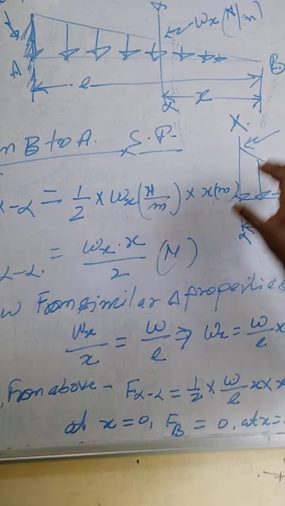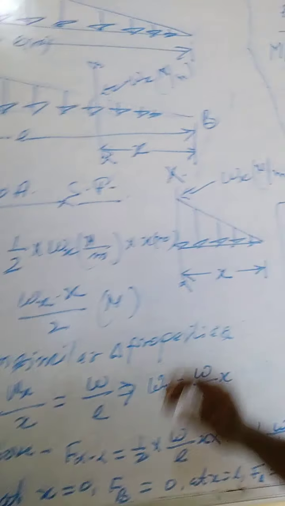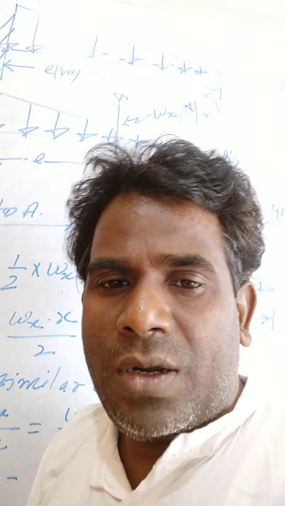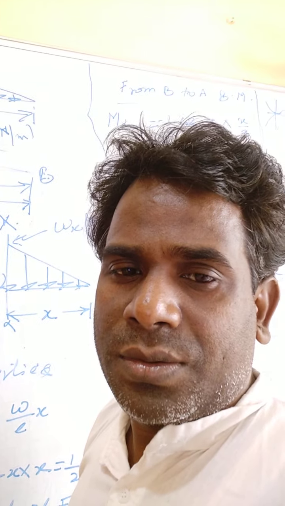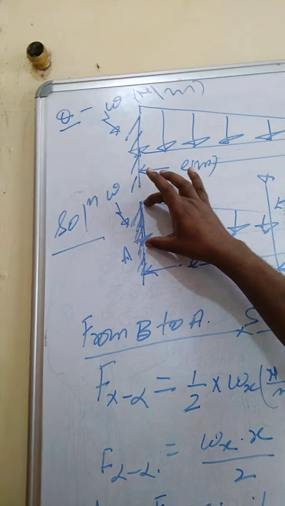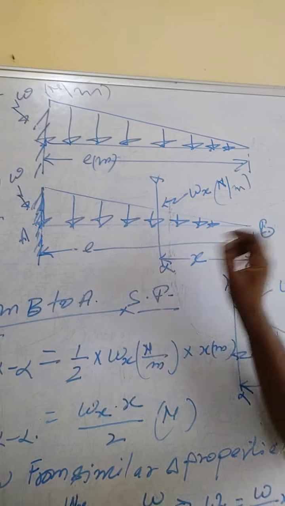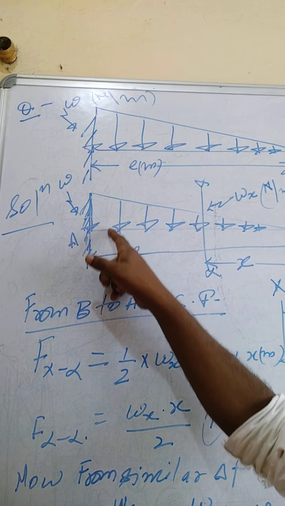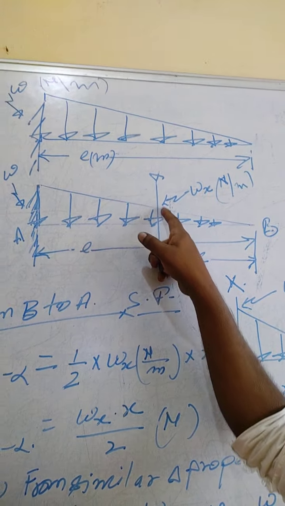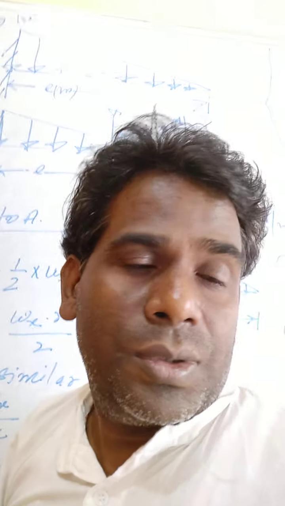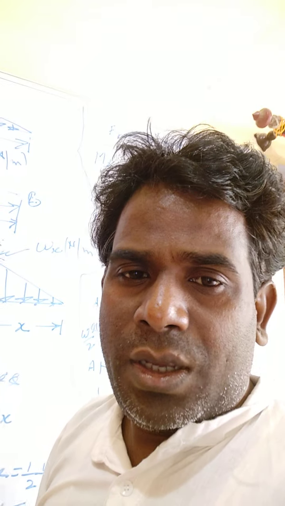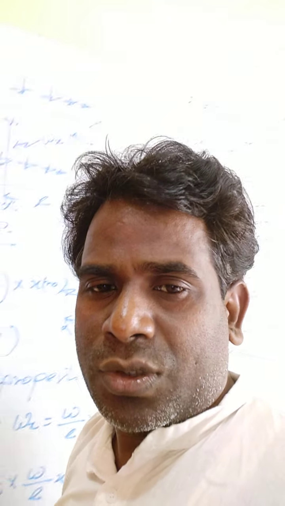Now the value of Wx we will find out by using the properties of similar triangles. See here, this big triangle and this small triangle are similar. This is 90 degrees, this is also 90 degrees, this angle is equal to this, and this is common to both. If two triangles have all angles separately equal, then those triangles are similar.